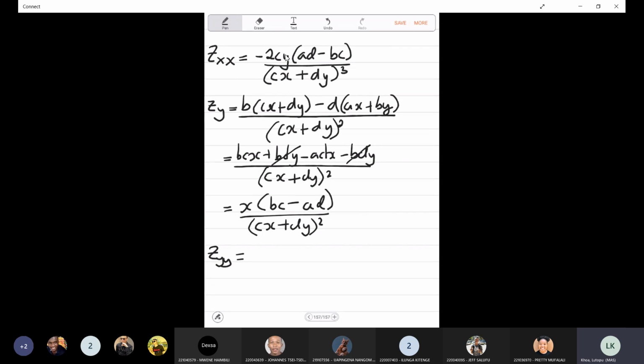So the derivative of the numerator is 0. Then we subtract the derivative of the denominator, which is 2D multiplied by (CX plus DY), and then we multiply by the numerator as it is.